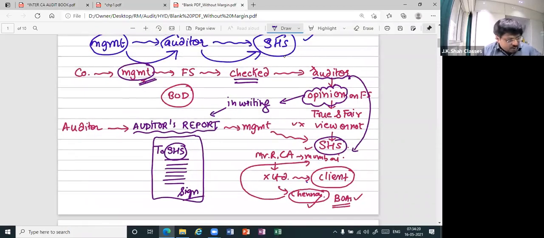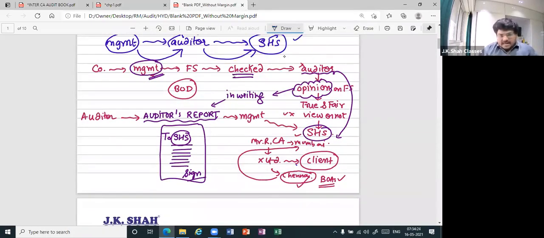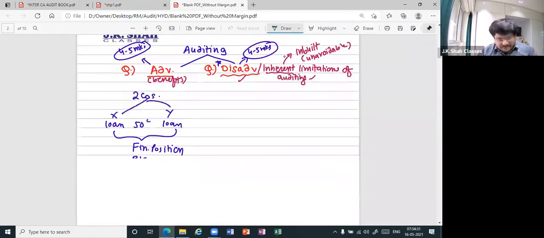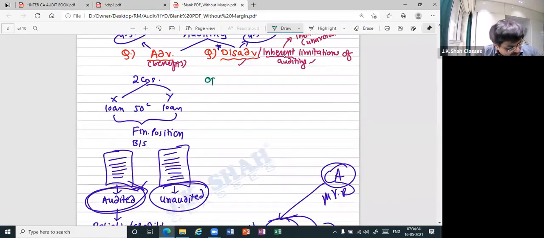Now, what had I told you during this process of auditing, that the main job for an auditor, can I say, is just to give an opinion? That is his main job, to give an opinion. Agreed? Okay, now listen carefully. When I say the auditor has to give an opinion, can I say for the opinion, he should have a lot of information? Without information, can you give an opinion?